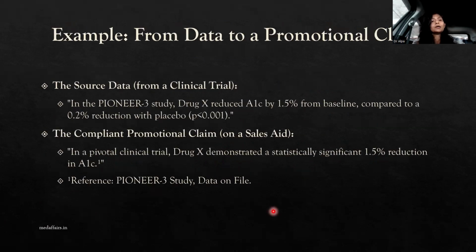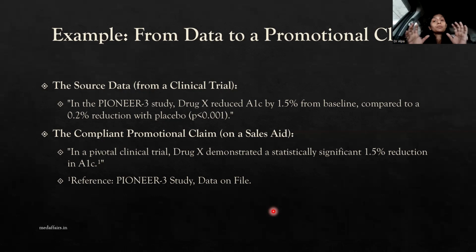So, for example, there is this clinical trial, Pioneer 3 study, wherein it is found that drug X reduced HbA1c by 1.5% from baseline compared to a 0.2% reduction with placebo. So this is a statistically significant difference, right?